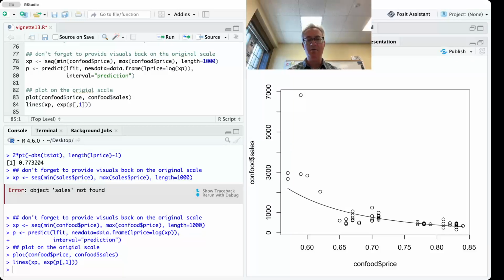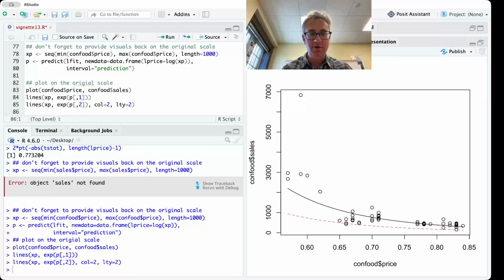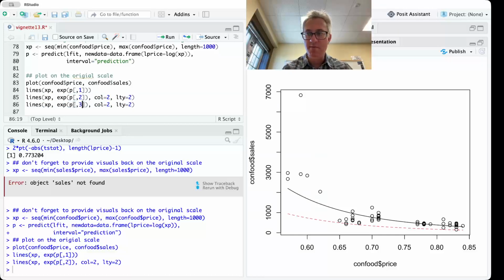Okay, so there is that line. It's got some curve to it. We'll do the same thing for the error bars, forming 95% predictive intervals by grabbing the other columns of the P matrix, but I'll change the color and the line type. So there's the lower one and then the upper one.